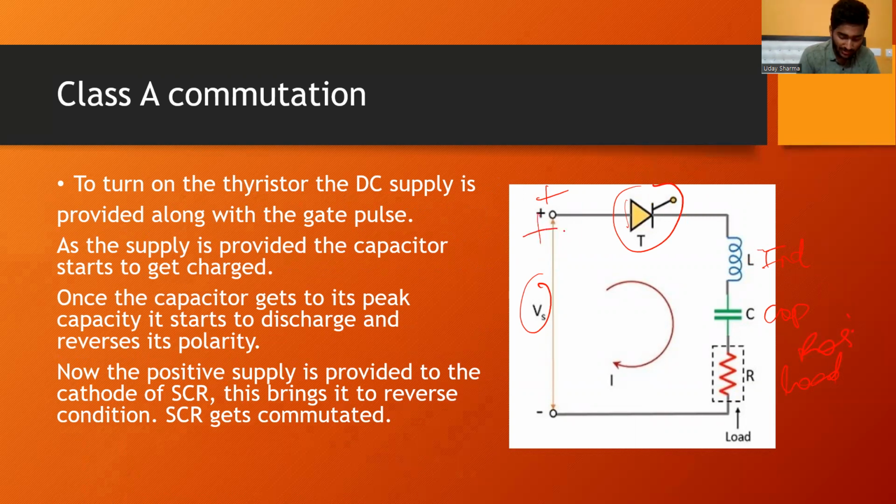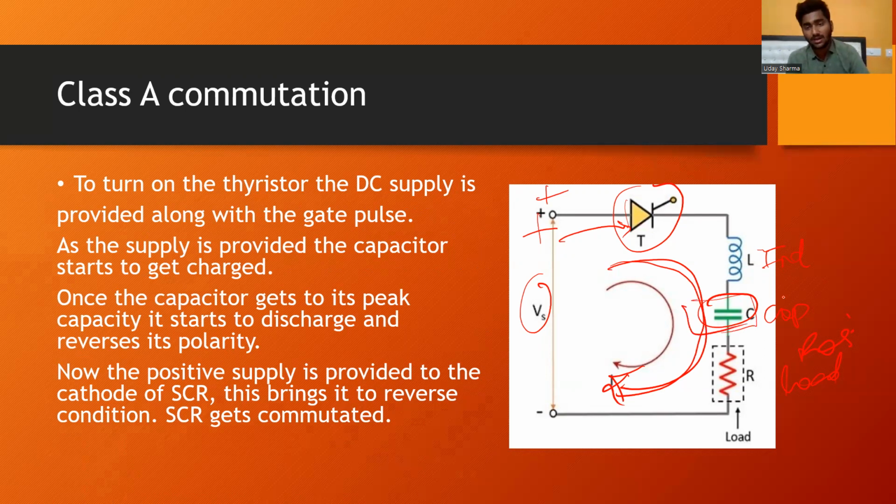As a positive supply is provided to the thyristor, the current flows. To turn on the thyristor, as we have discussed, the gate supply is provided. While the current is flowing through this circuit, the capacitor starts to charge. As it is an energy storing device, it slowly gets charged. Once the capacitor reaches its peak capacity, that is, when the capacitor is full, it searches for a discharging path.